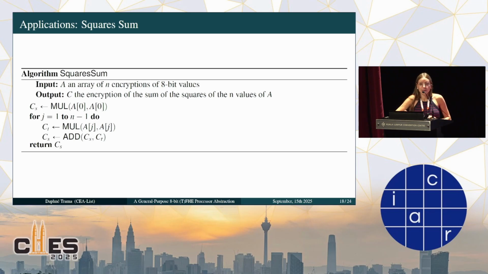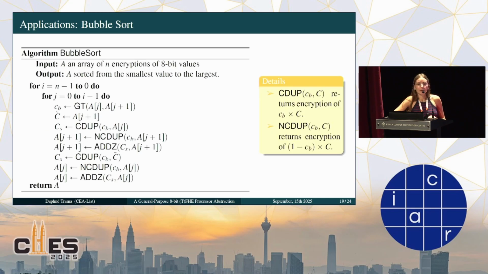For instance, we can compute the square sum of an encrypted array. So you can see that the algorithm is really similar to the one we use in cleartext space, but instead of using cleartext instruction, we use our FHE instructions. We can also propose the implementation of a bubble sort on an encrypted array.